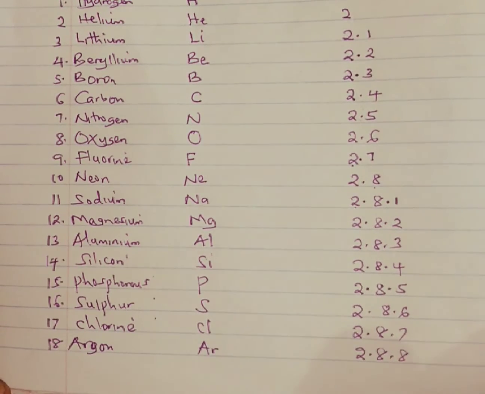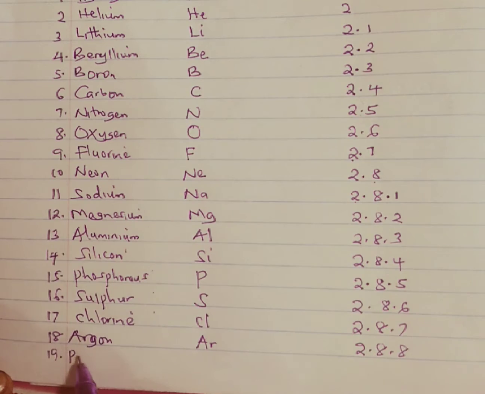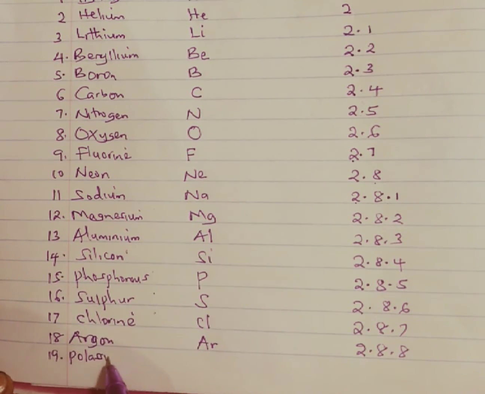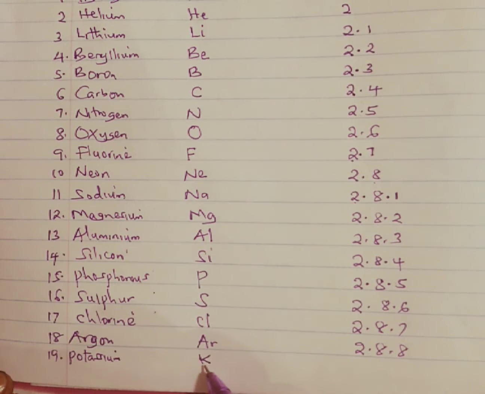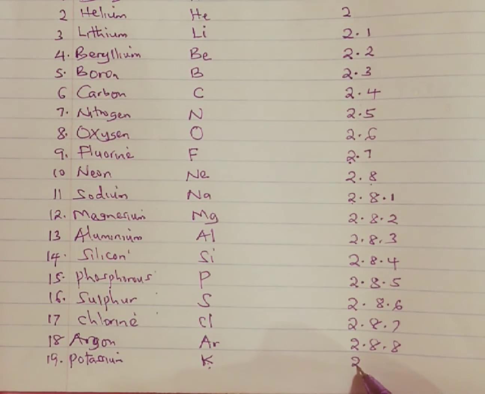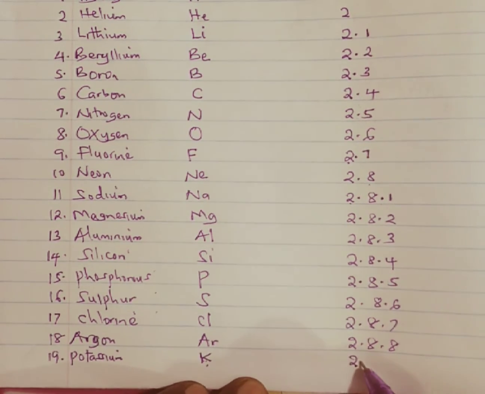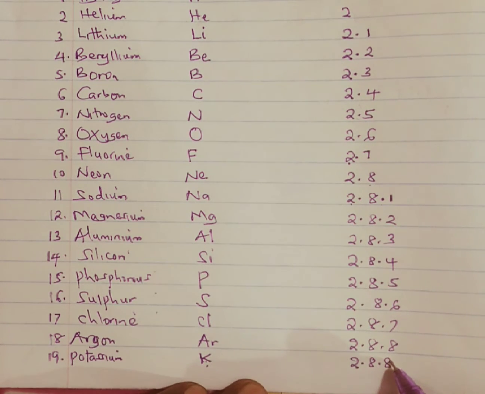Then next we are going to have number 19, which is potassium. The chemical symbol for potassium is K, which is derived from the Latin name for potassium, which is kalium, and the electron arrangement will be 2, 8. The third one will accommodate a maximum of 8.